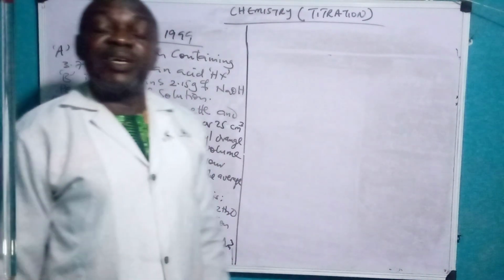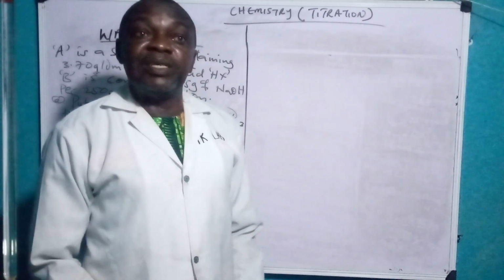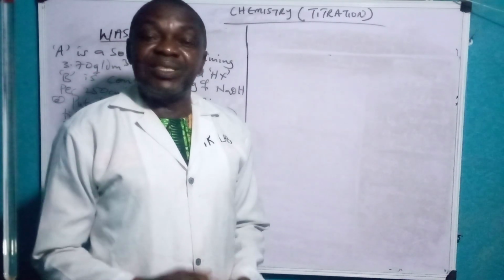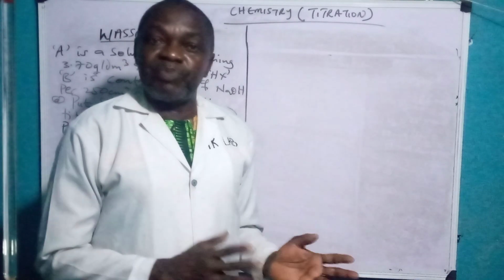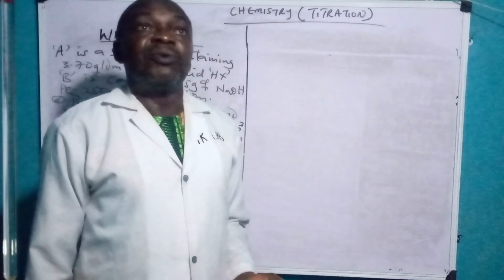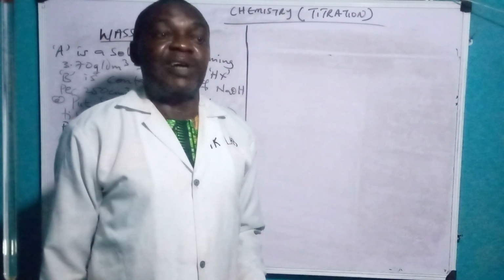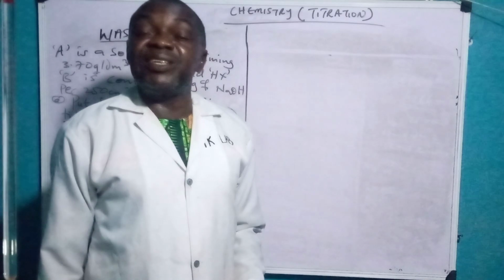The essence of these titrations we are going to be doing is for you to get acquainted with the pattern they normally use, because they just alter one or two parts of the questions. The same pattern remains the same pattern. For example, from that table you are going to draw the average volume of acid you are using, which is usually 11 marks.